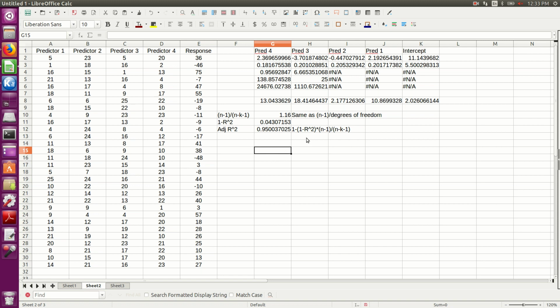And so, I'd still say I would rather use this model with just the 4 predictors than the first model, because here these 3 look significant: predictor 1, predictor 3, predictor 4.